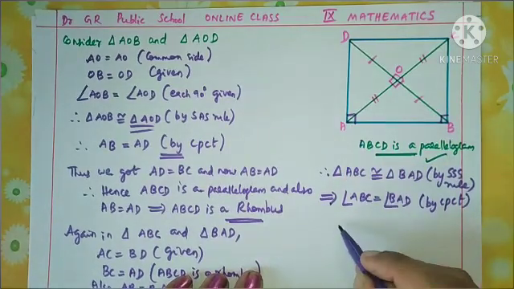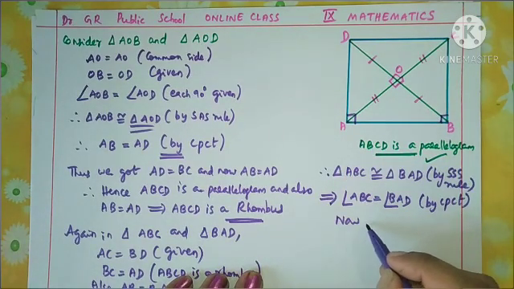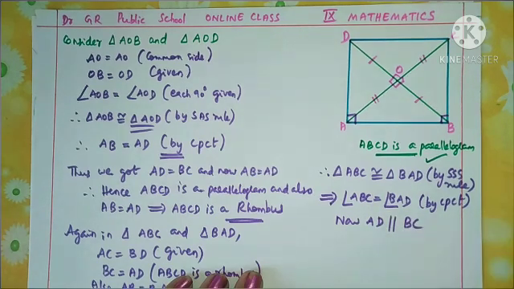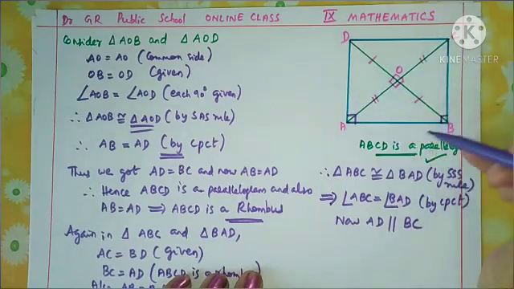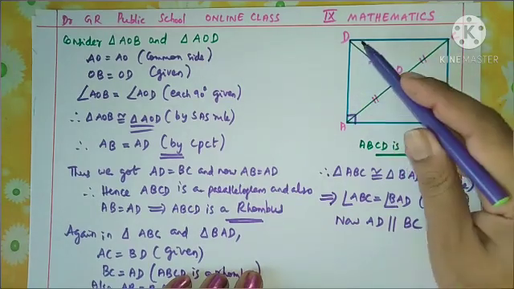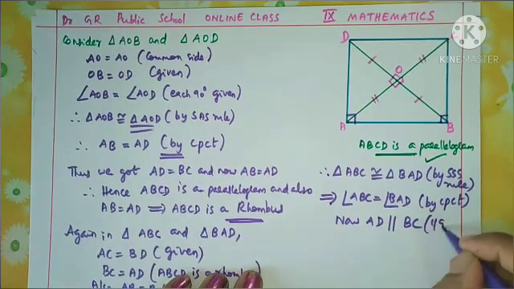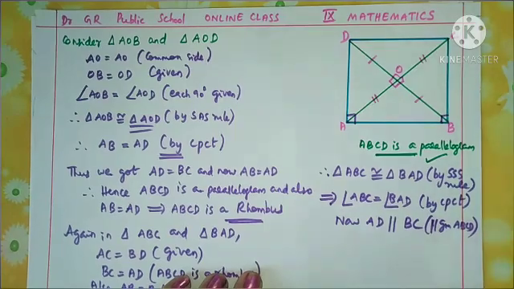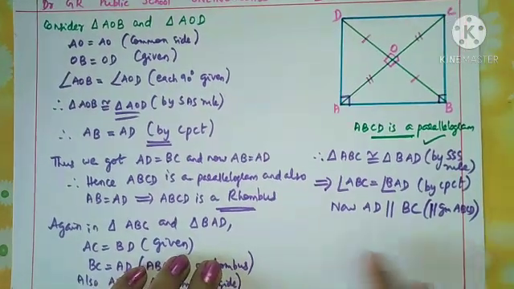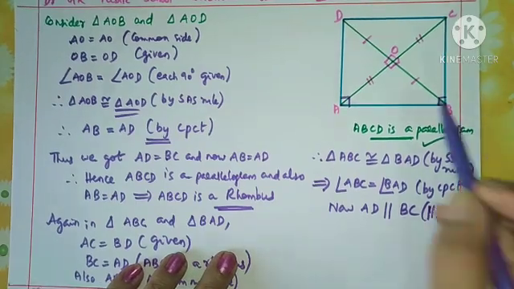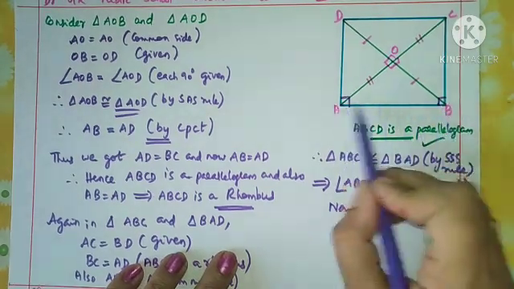Now you know AD is parallel to BC, correct? We already proved this is a parallelogram ABCD. So AD parallel to BC is there, and you know these two angles are equal.